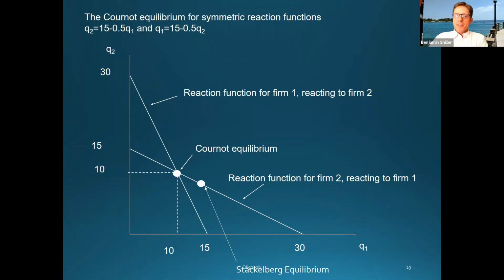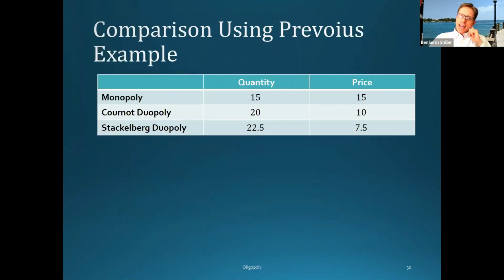It's not the quantity that would maximize its profits if the follower's quantity produced was fixed at some amount. Okay? The key is that it has to produce a little bit more to get the follower to produce a little bit less.